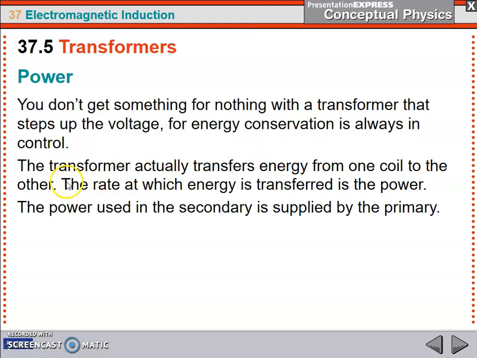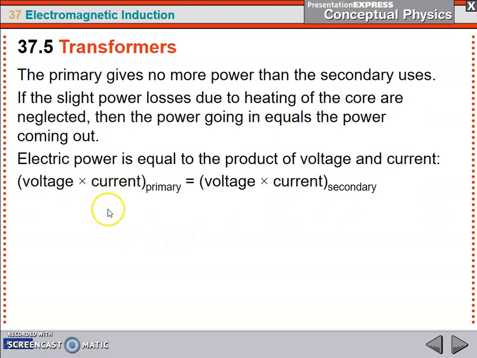The transformer actually transfers energy from one coil to the other, and the rate at which the energy is transferred is the power. But the power used in the secondary is supplied by the primary. So if I have 100 watts in the primary, voltage times current, can I get more than 100 watts out in the secondary?